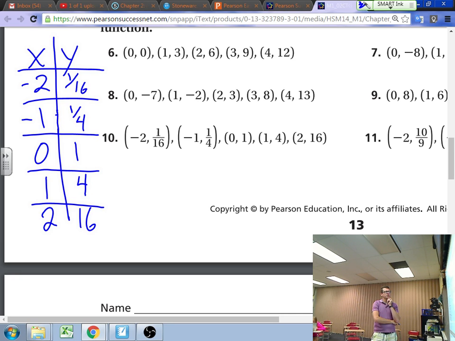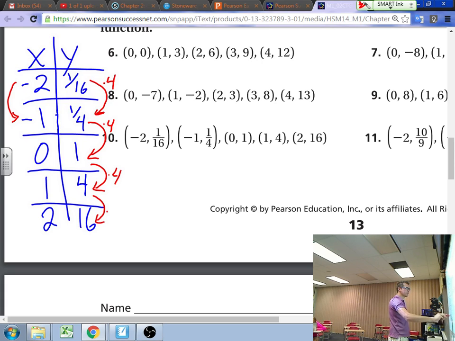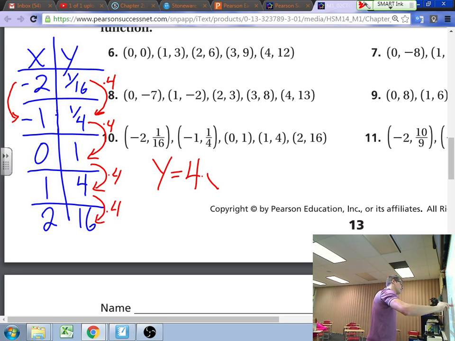Every time I go up by an x, what happens to the y? It's multiplying by 4. I'm always looking at, as my x changes, what's my y doing? Well, that is a times 4. Then I check, does it continue to work? Yes, this continues to work for every one of them. Since it's times 4 for every x I move, I know that y is going to equal 4 times x, but I have to figure out where I start.